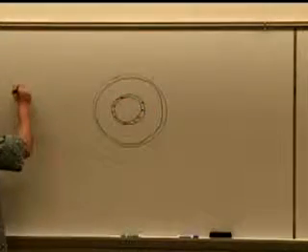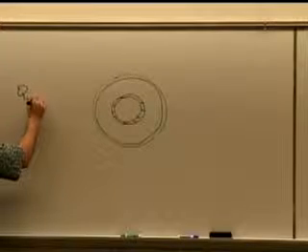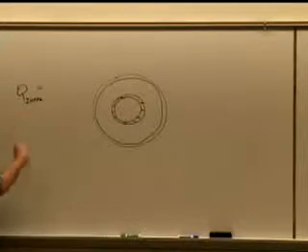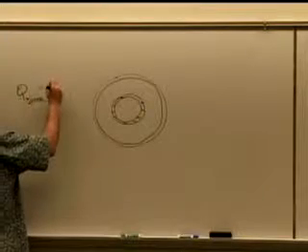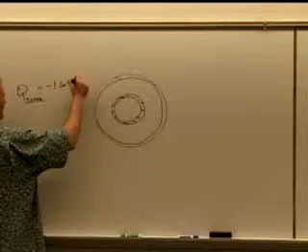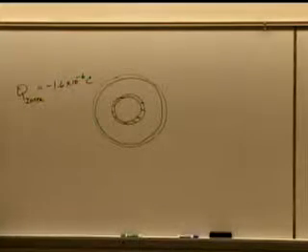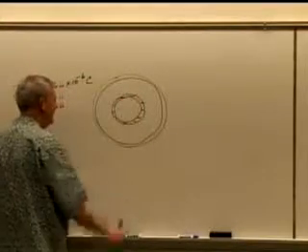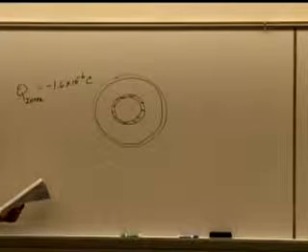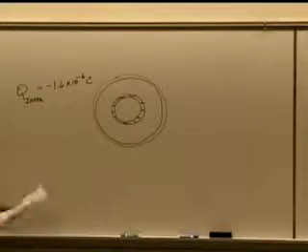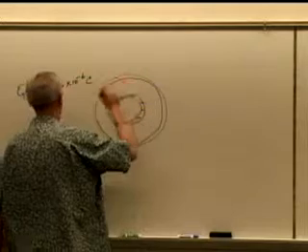We'll say this, Q inner equals negative 1.6 times 10 to the negative 6 coulombs, or negative 1.6 microcoulombs. Now the outer shell has a 5.1 microcoulombs positive.